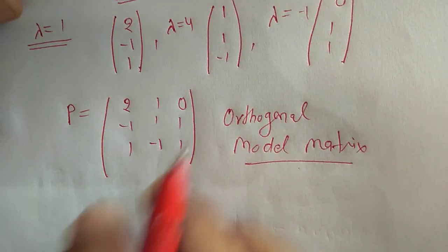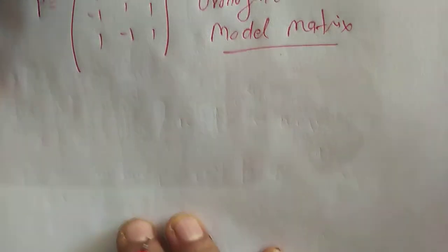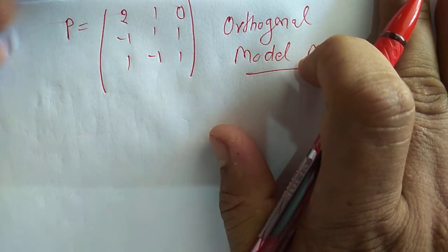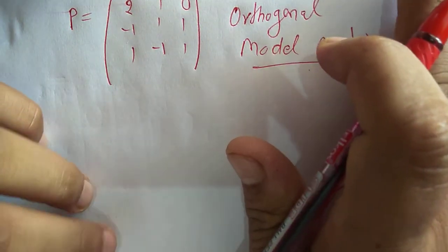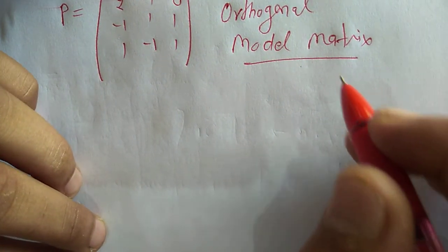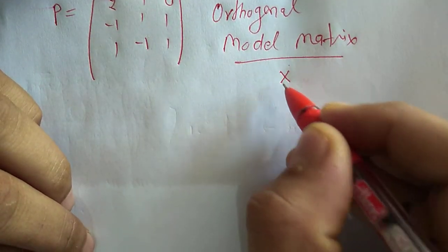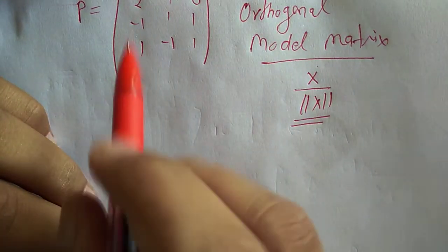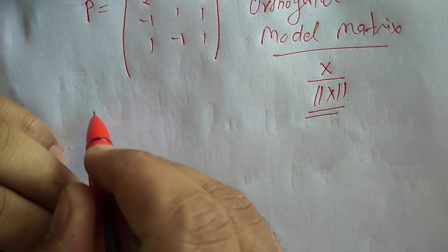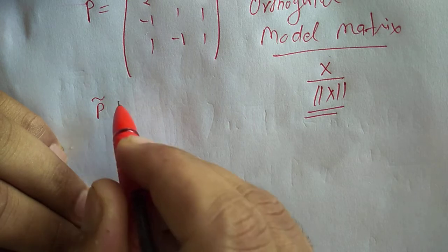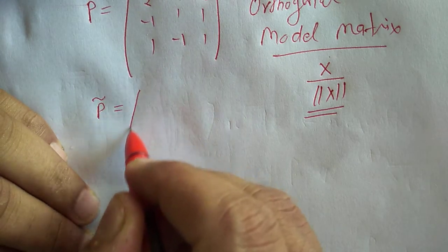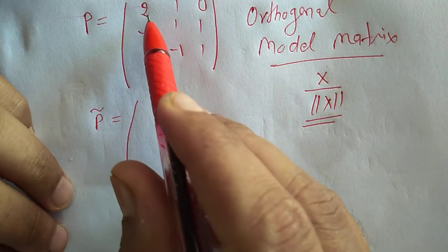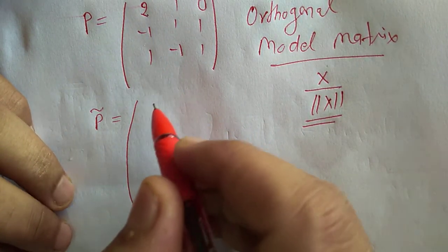Now how to find the orthonormal model matrix? We normalize each eigenvector by dividing by the norm of each vector. So if x is the vector, then x by mod x is the normalized vector. Let me write the orthonormal model matrix. If you take the norm of the first one, 4 plus 1 plus 1, so 6 we get.